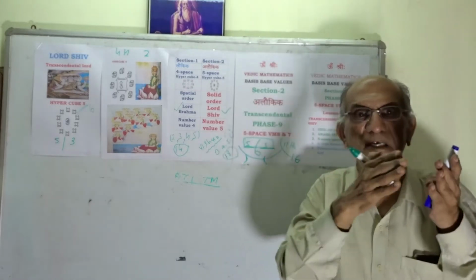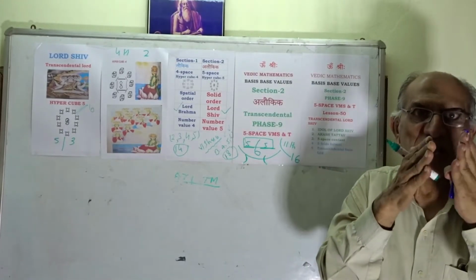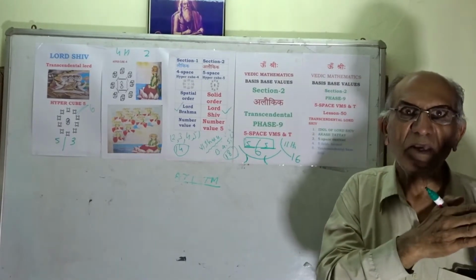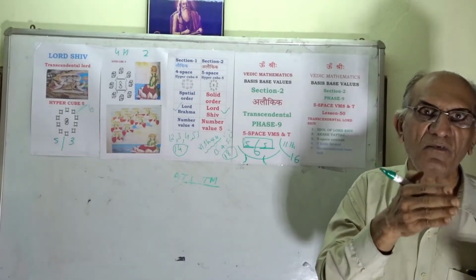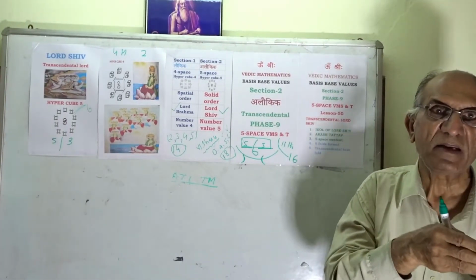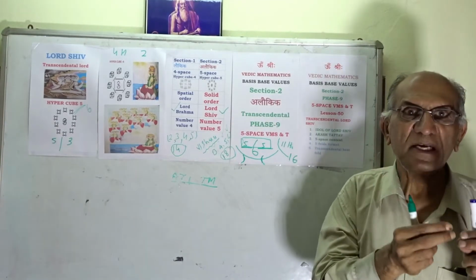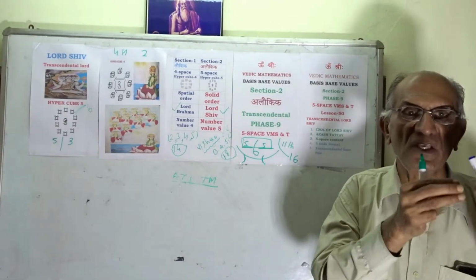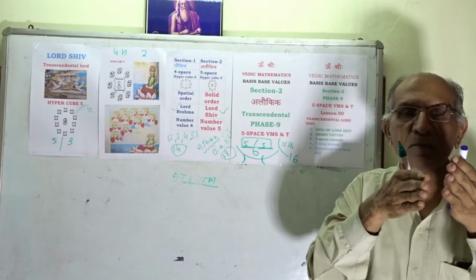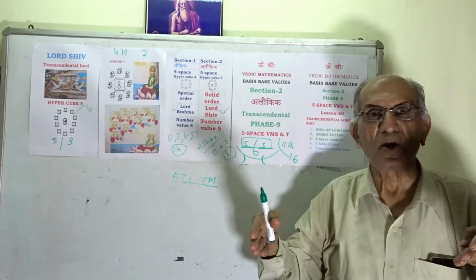The same, ultimately at the 11th version of Hypercube 5, will be of the order, values and format where there will be a complete melting away of the spatial order and a complete sway of the solid order.